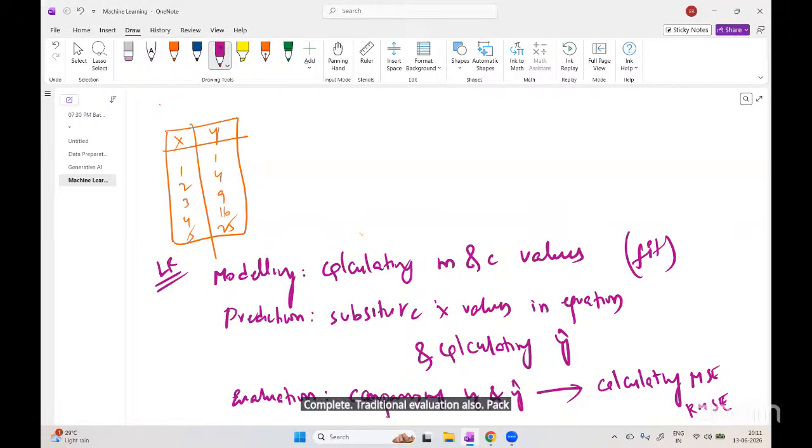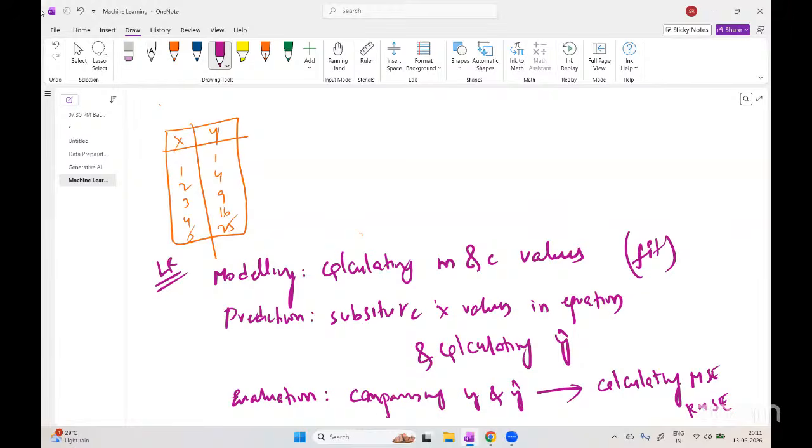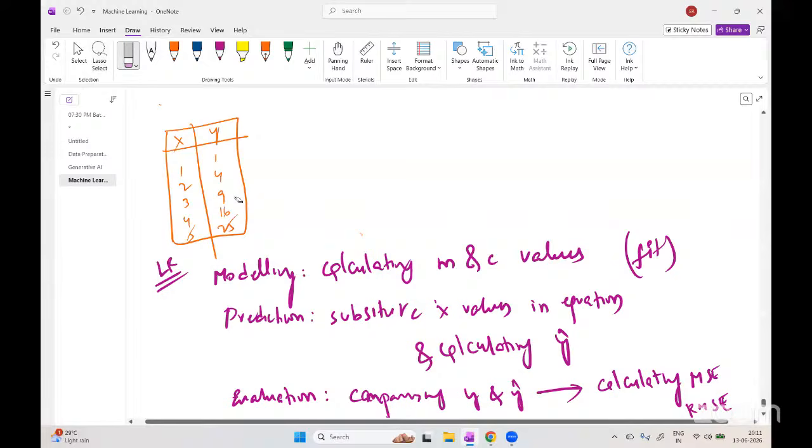Calculate till MSE. Now Python also has to give the same answer. Both should be the same. Everyone completed?